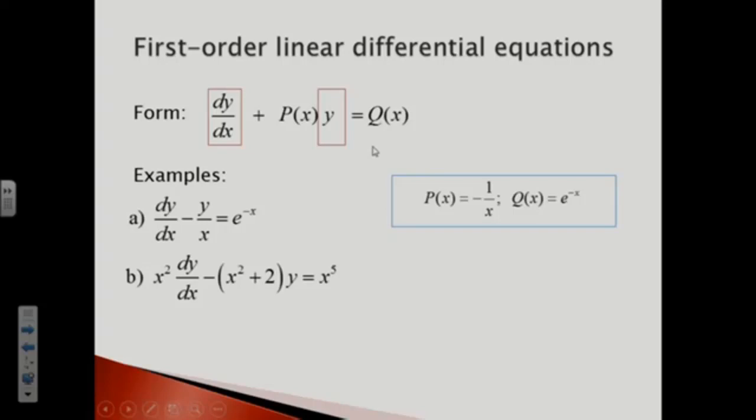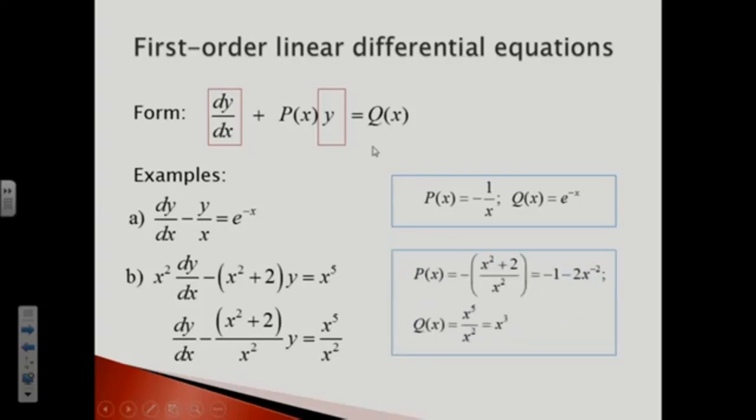This equation can be put in first order linear form by dividing by x squared to obtain dy/dx minus (x squared plus 2)/x squared y equals x to the fifth divided by x squared. As a result, p(x) = -(x squared plus 2)/x squared and q(x) = x cubed.